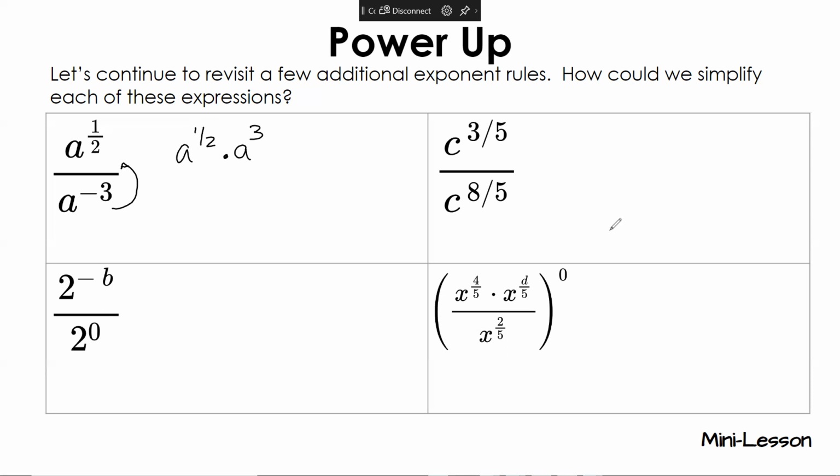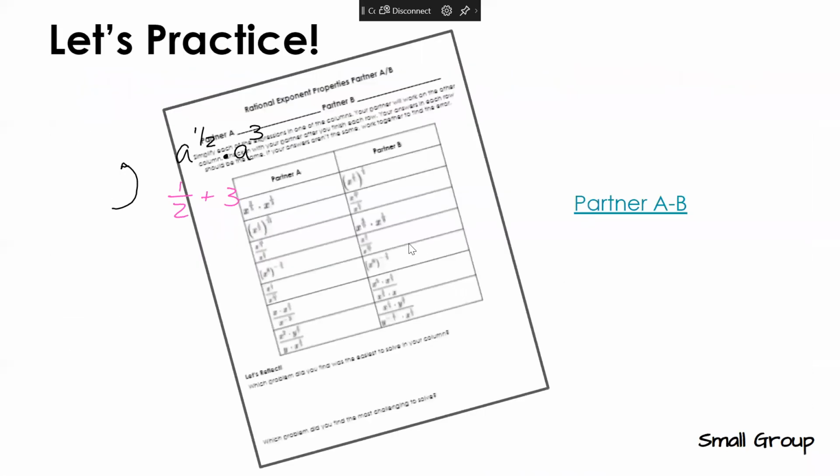Does that make sense? Now, what operation am I going to do on these? What am I going to do with the exponents? We're going to add the exponents, right? So we're going to do 1/2 plus 3. Let's say I don't want to do any math. I just want to use my calculator, right?